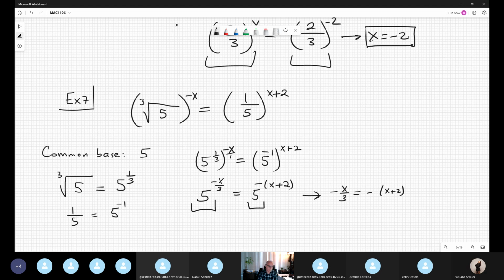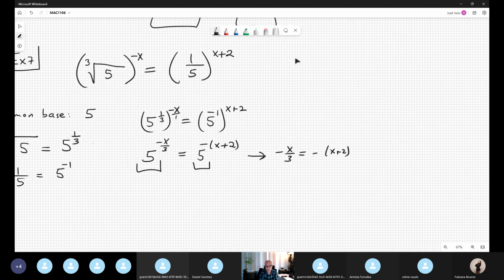Well, it's obvious that there are too many negatives in this equation. You multiply the entire equation by negative 1 or divide by negative 1, and you convert like that. And now, if you want to get rid of the fraction, you multiply the entire equation by 3, no?